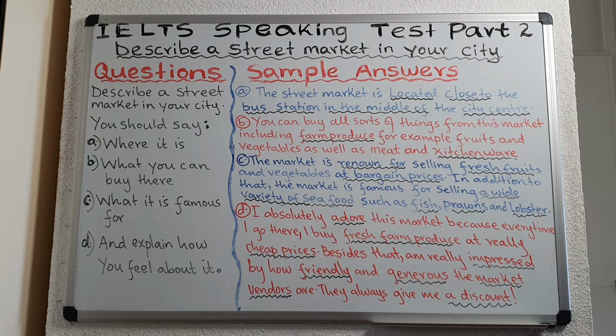So I have described the sort of things that you can actually buy from the street market. And that is, you can buy all sorts of things. All sorts of means different types of things from the market. For example, farm produce.